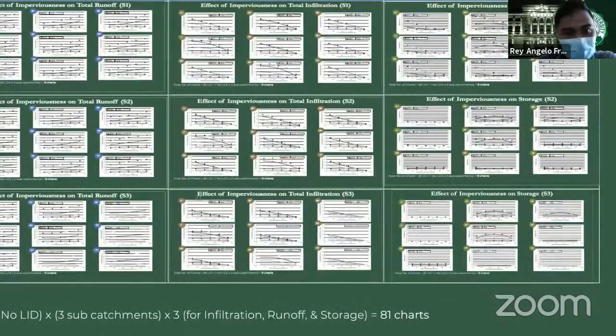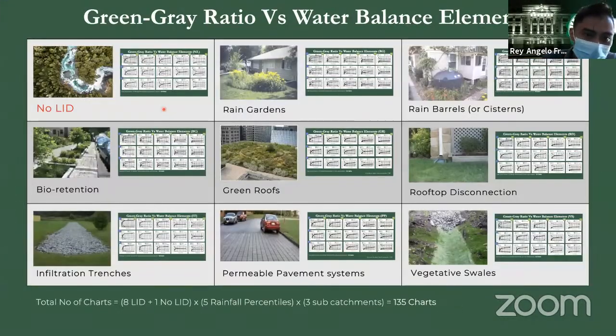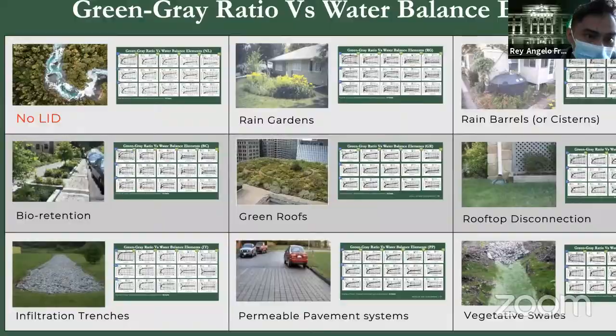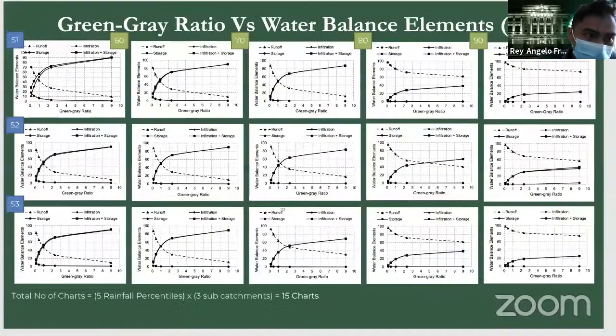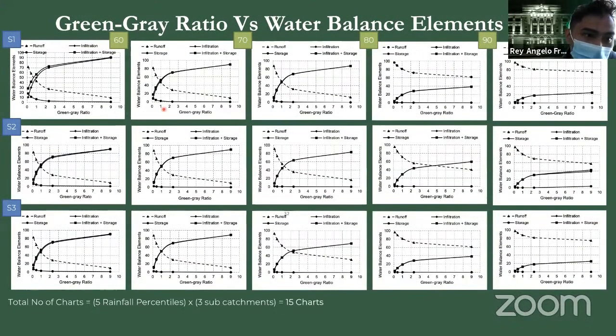Next, let's focus on the green-gray ratio of the water balance. These are all the 8 LID with the no-LID. We will compare the effect of the green-gray ratio on the water balance elements: the runoff, storage, infiltration, and infiltration plus storage. In these charts, there is an intersection of the infiltration and storage and the total runoff.